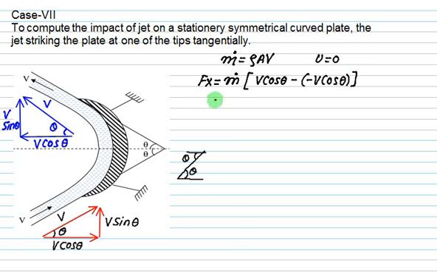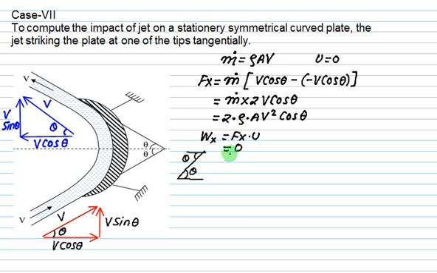So this equals m dot times 2 v cos theta. The final equation will be 2 times rho times a v square multiplied by cos theta. Work done along the x direction will be Fx multiplied by u, but the plate is stationary, so work will be zero.